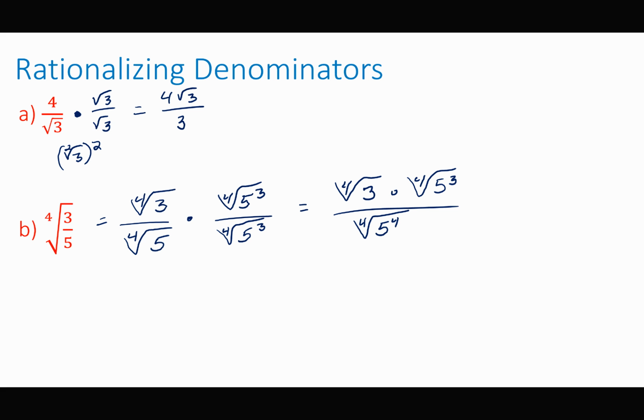We did this one as the square root, so that way when we raise it to the second power, it works. If I had just done this as the 4th root of 5, then it wouldn't work. But now when I have the 4th root of 5 to the 4th, that's when I end up with a denominator of just 5.